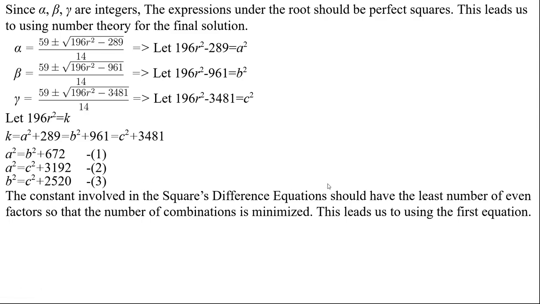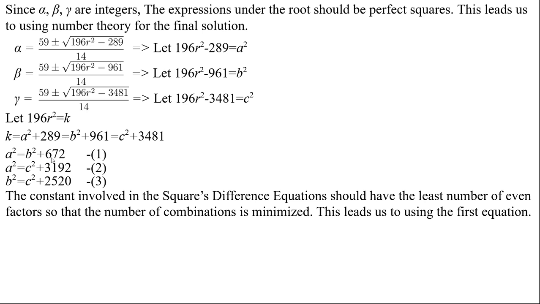And now here's an interesting fact. We're going to be taking the equation which has the least number of even factors, because remember, this was the k in our square difference analysis question, and here we want k to have the minimum number of even factors so that a and b have the least number of possible values, and then we can easily filter out what a and b will be from lesser number of combinations.